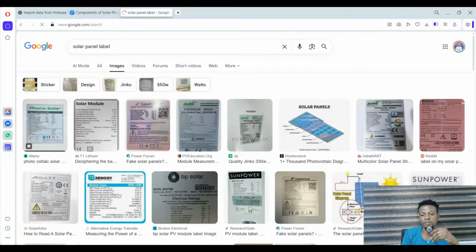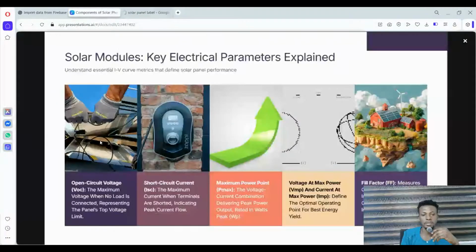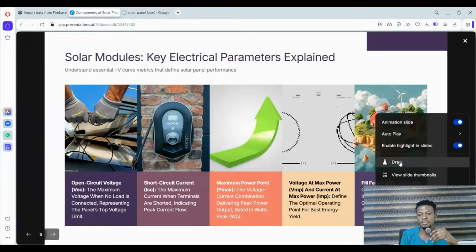So on those labels, you're going to see open circuit voltage, which is usually called VOC.